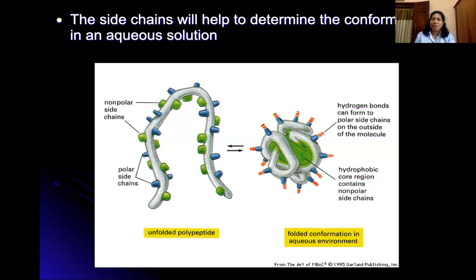Lipids can be entrapped by the non-polar side chains, and water can be linked with the polar side chains of the protein through hydrogen bonding. So now you can see how these are folded conformations in an aqueous environment, because normally unfolded polypeptides make a folded conformation in an aqueous environment. Now you can explain it very well with this kind of diagram.